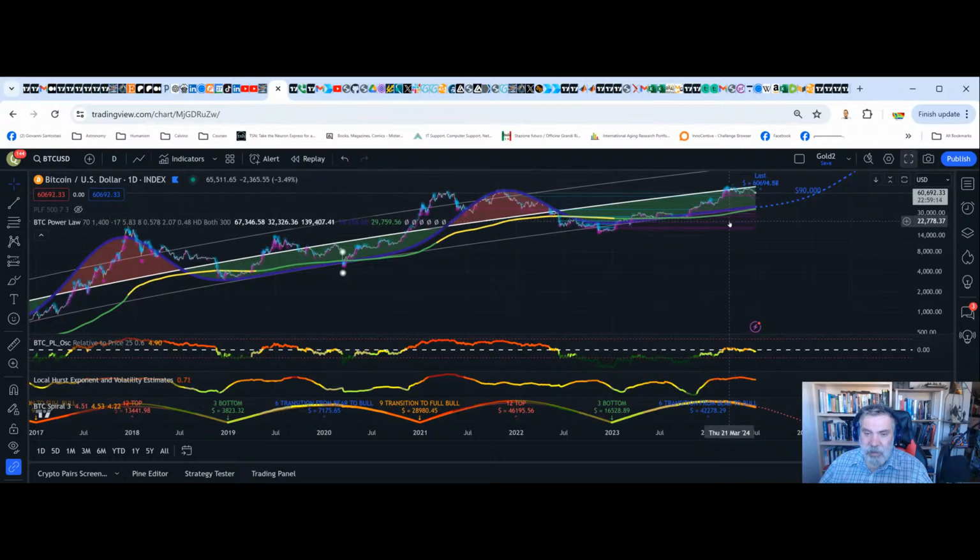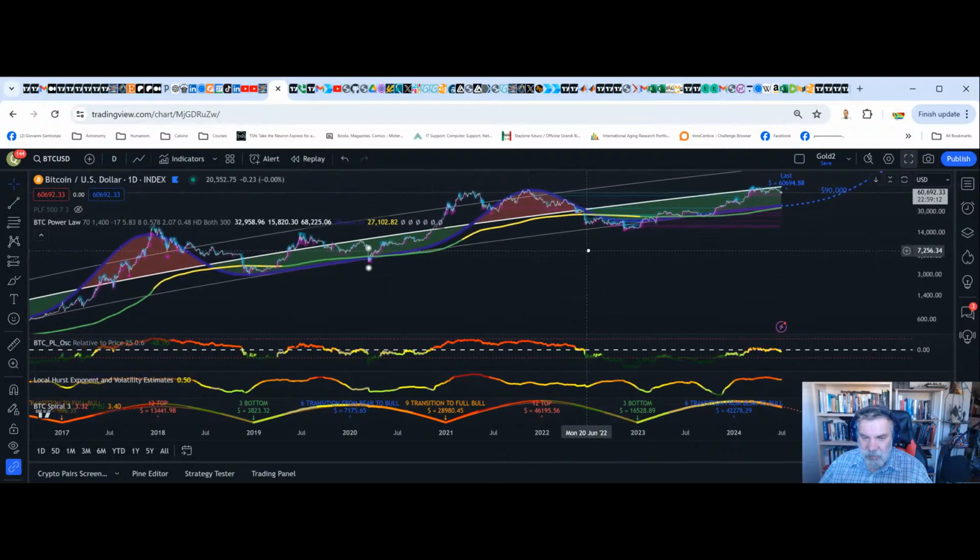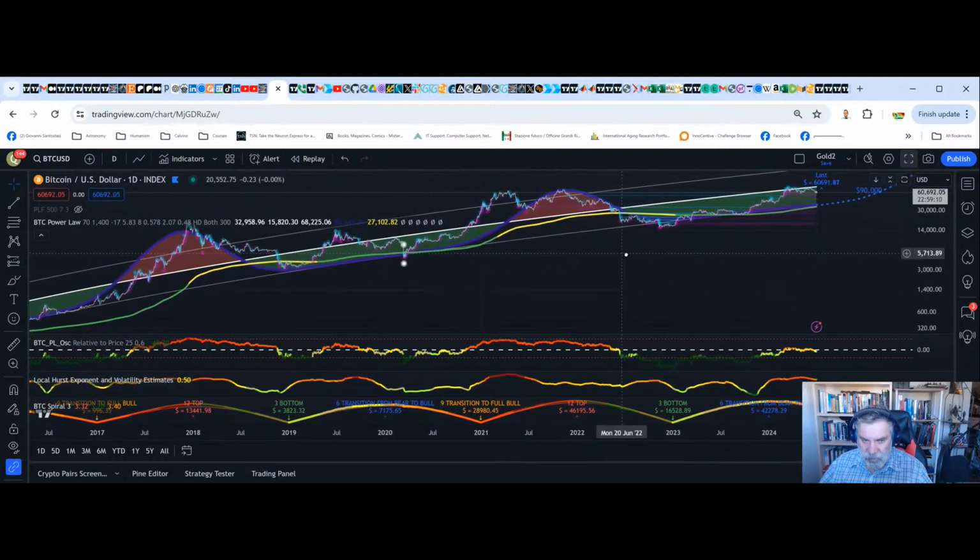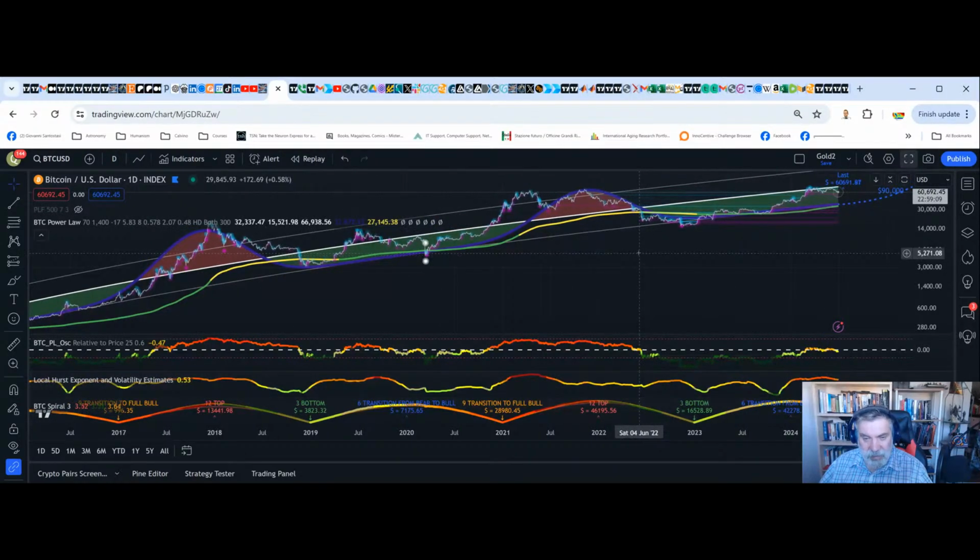I know it sounds like a cop-out, but it's not if you follow the logic of the power law. The power law says, hey, I don't care about these oscillations, I care about the overall trend. And if there is an overall trend, the bubbles need to kind of cancel each other. That is exactly what we see.